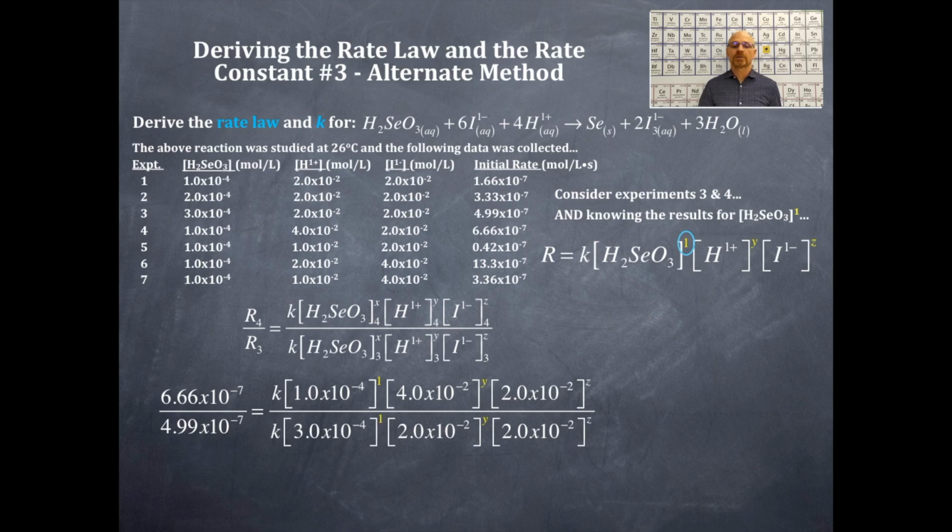The H2SeO3 is not being held constant. However, I know the order is 1, so it doesn't matter that it changes. What I am interested in is looking where the hydrogen ion concentration changes, and that's why I'm going to solve now for Y, because Z is being held constant, if you will, the iodide ion concentration. So I'm going to solve for this here mathematically.